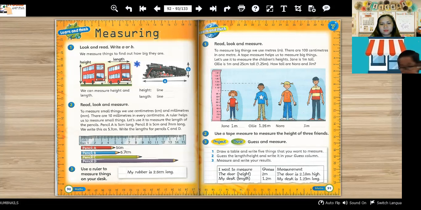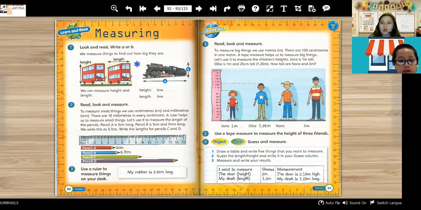The tissue is 20 centimeters long. 20 centimeters long.